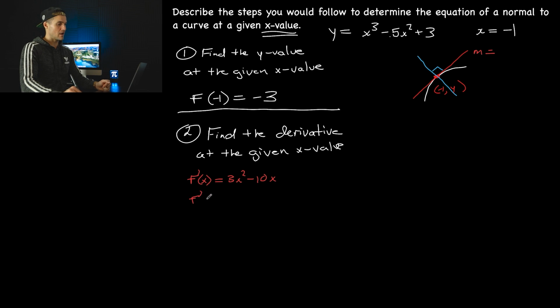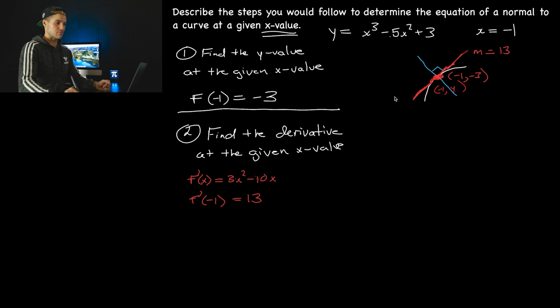So f prime -1, the value of the derivative at that x value, is going to be 3 plus 10, because -10 times -1 is +10. Add those, we get 13. So the slope of the tangent at this point, -1 and -3, we have the full coordinate, is going to be 13, the slope of this red line.